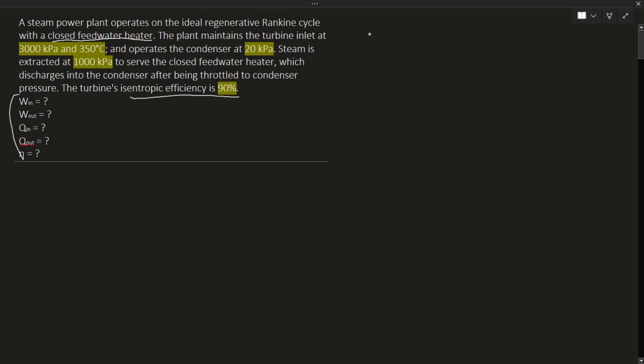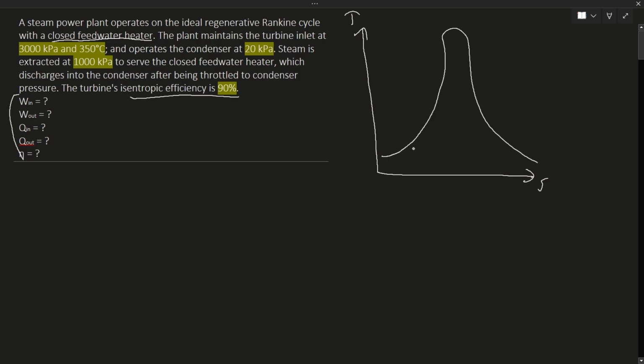The first step when you solve this problem is you have to draw the TS diagram. That way, you don't get lost, and you're probably going to get partial credit in your exam when you draw something like this. Since it's a closed feed water heater, we have point 1 over here, 2, 4, and over here, see it says isentropic efficiency.